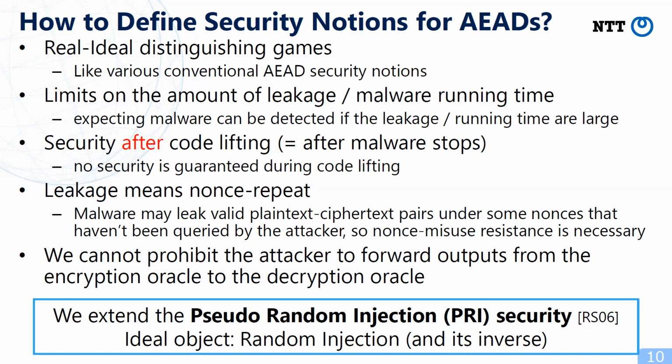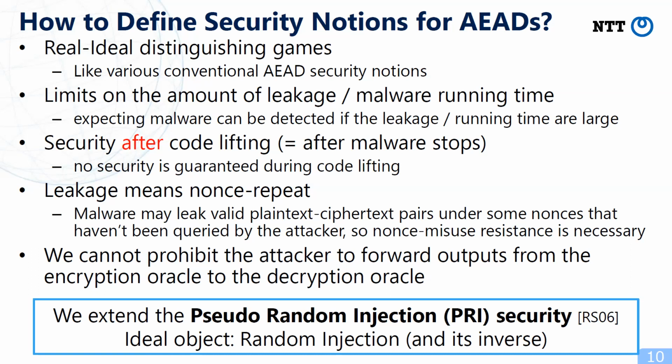Such things are prohibited sometimes in the black box model, but in the white box model, we cannot prohibit this because malware can do everything. And taking these things into account, we finally decided to define our new security notion by extending the pseudo random injection security or PRI security.